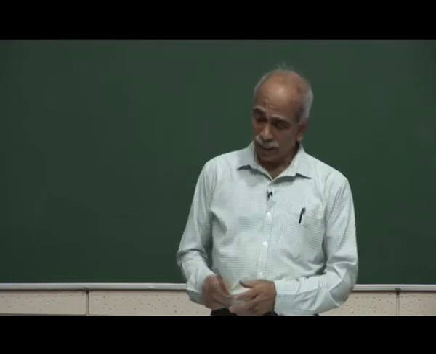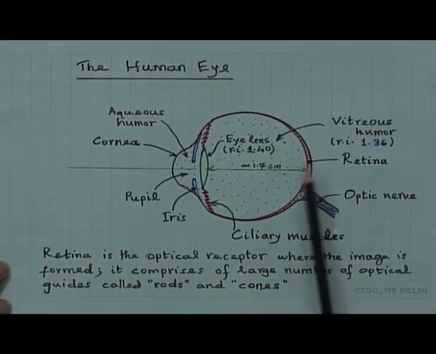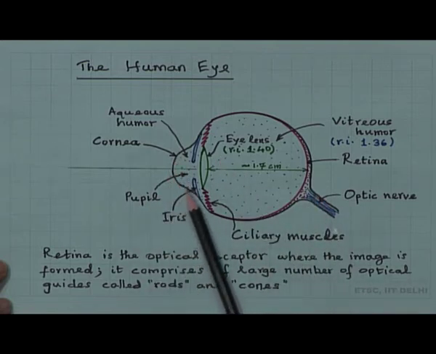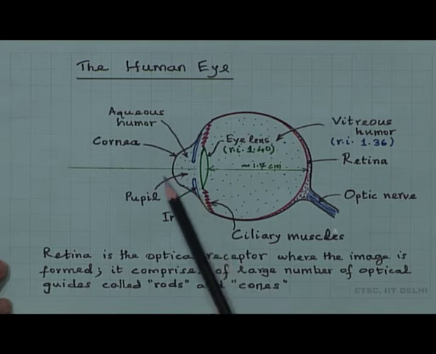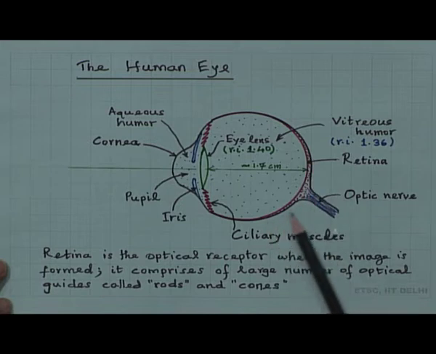So, here is a schematic of the human eye, which we call the eyeball. What we see here is the cornea, a transparent membrane, and here is the retina, which is the image sensing receptor.